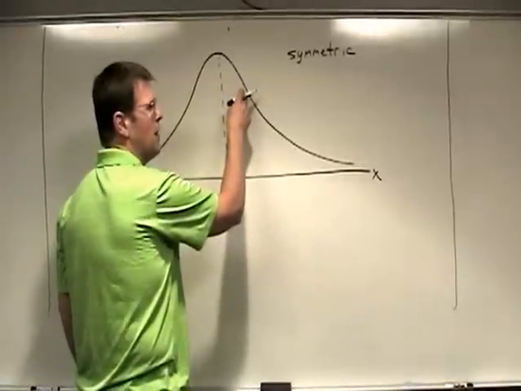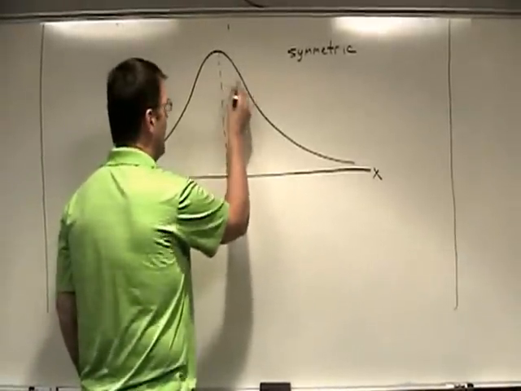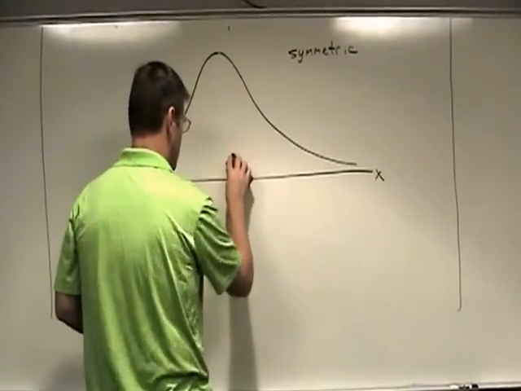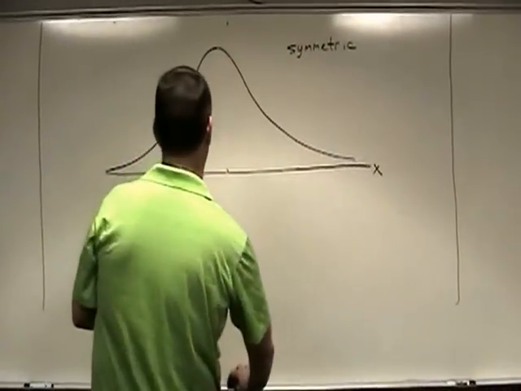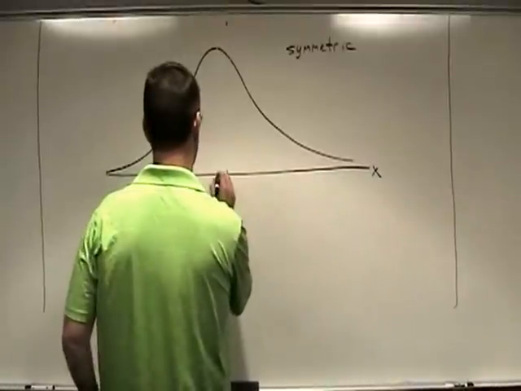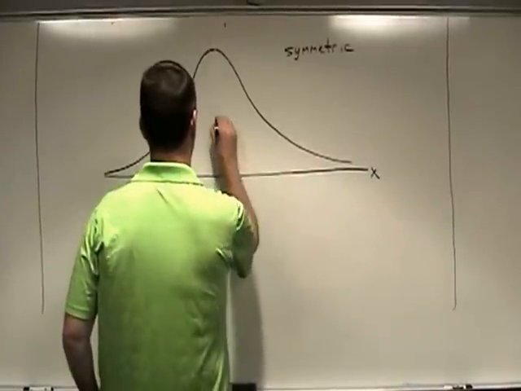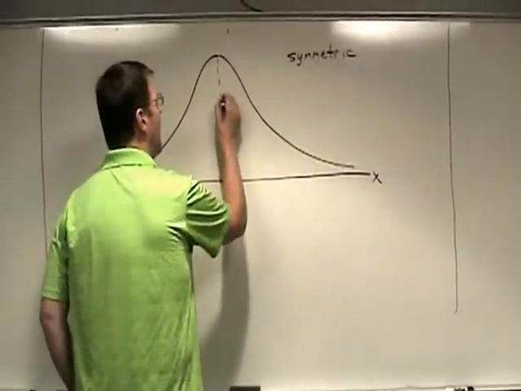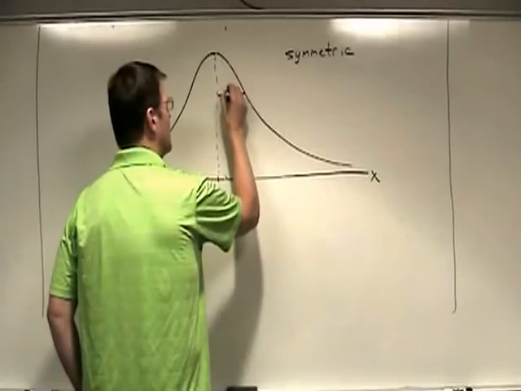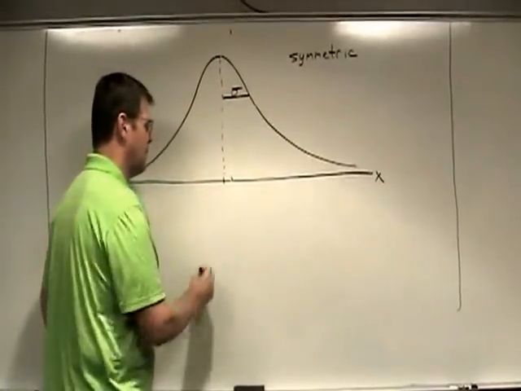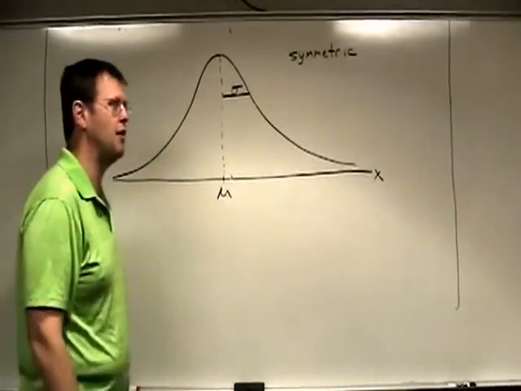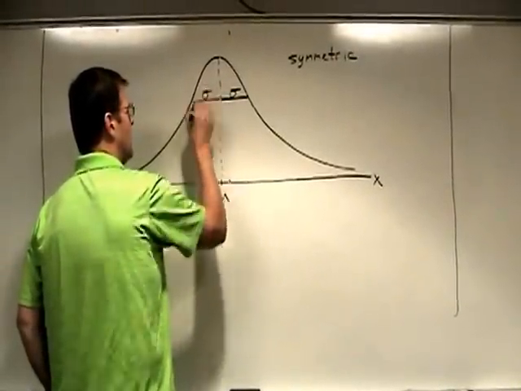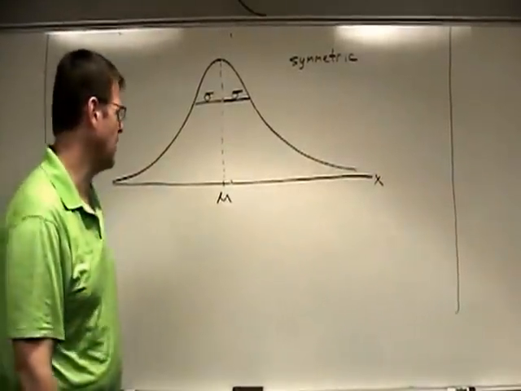If you were to visually locate it and draw a horizontal line over, and I realize now that I've drawn this, I should have gotten in the way of the camera to have this centered better. That's a little bit better. This distance right here is sigma. That's one standard deviation. And if you go in this direction, that's also one standard deviation.